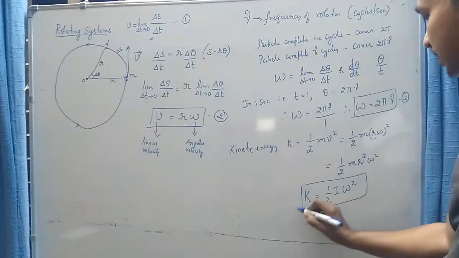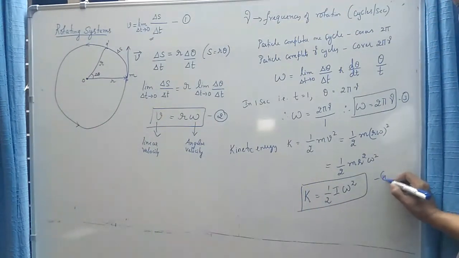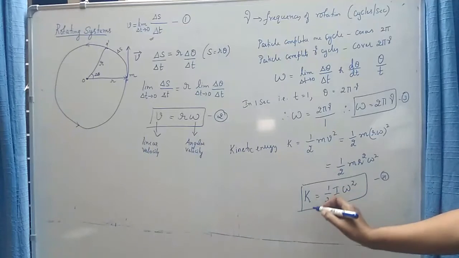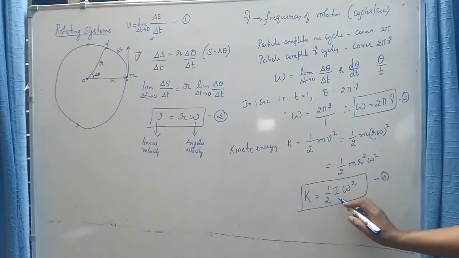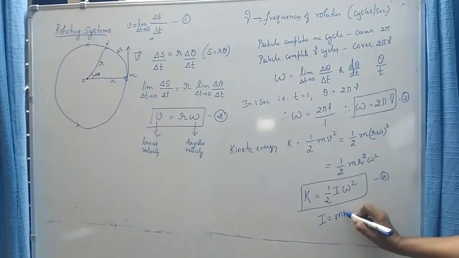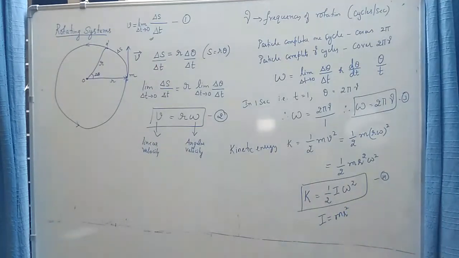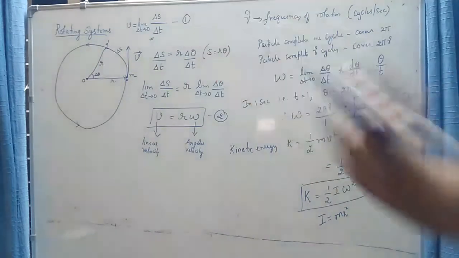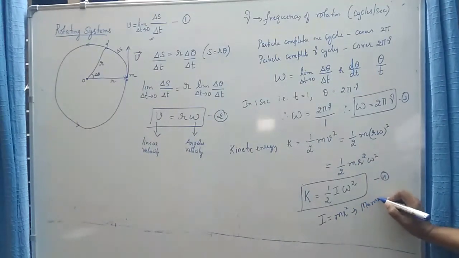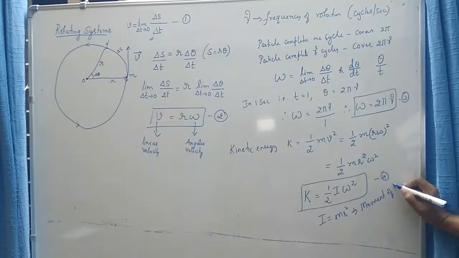So this is the formula for calculating the kinetic energy of the particle revolving around the point at fixed distance r. That is kinetic energy K is equal to half into I omega square, where I is m into r square, that is mass into square of the distance from the point of reference. This is called the moment of inertia.